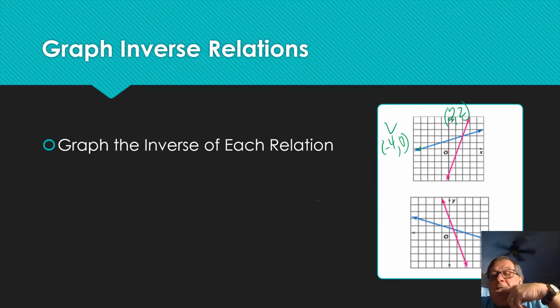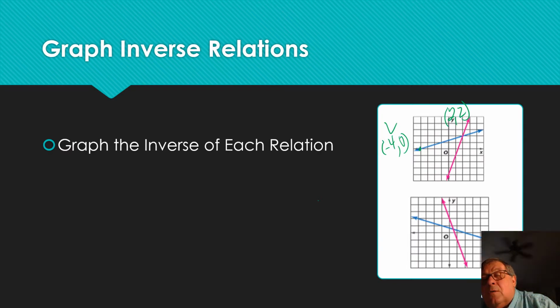Now, let's take a look at the inverse function in the red. If it's an inverse, then this point right here should become (0, 4) if we swapped it. So let's look here. Y is 0.